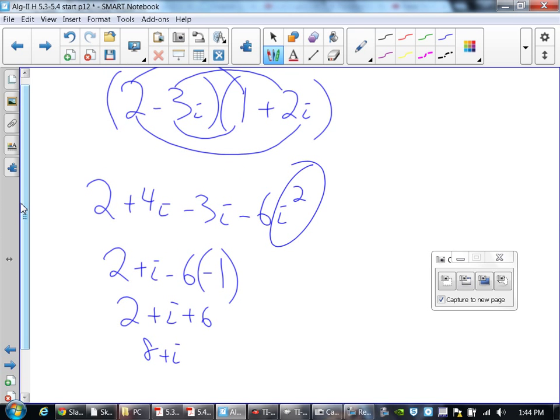Is i equal to square root of -1 just because we say so, or is there some mathematical proof? Yes. Because what happens is that any compound number can be rewritten as a bunch of prime numbers. Like 2 can be written as 2 times 1, 4 is 2 times 2 times 1, 8 is 2 times 2 times 2 times 1, 12 is 2 times 2 times 3 times 1.